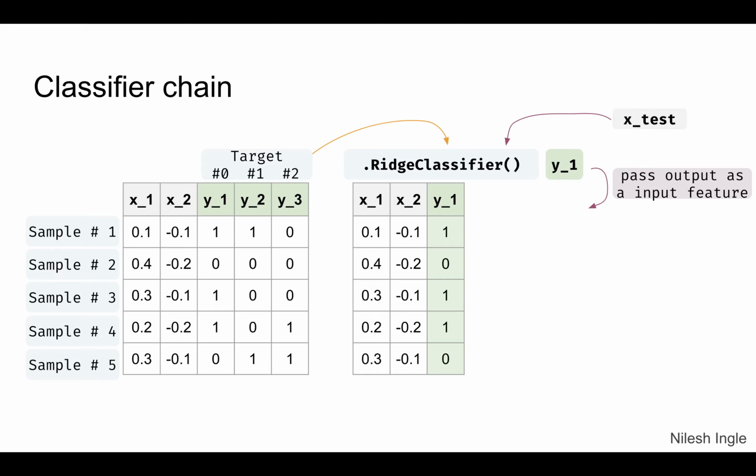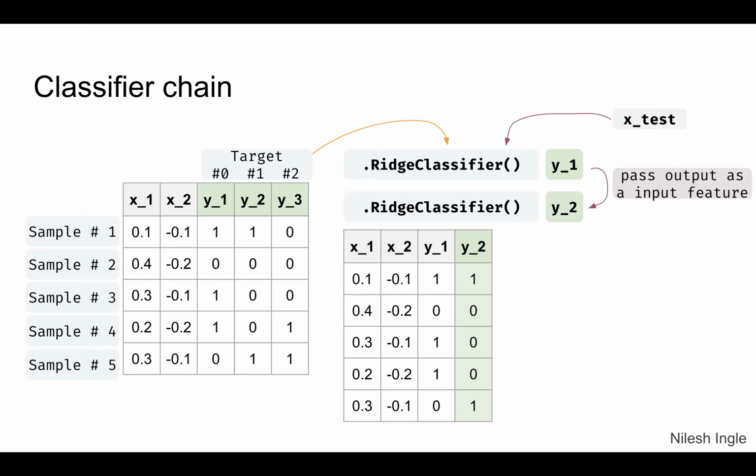The next classifier will take the features x1, x2, and the target y1 as a feature, and then use y2 as the target. So we have these three as features, and this is the target.